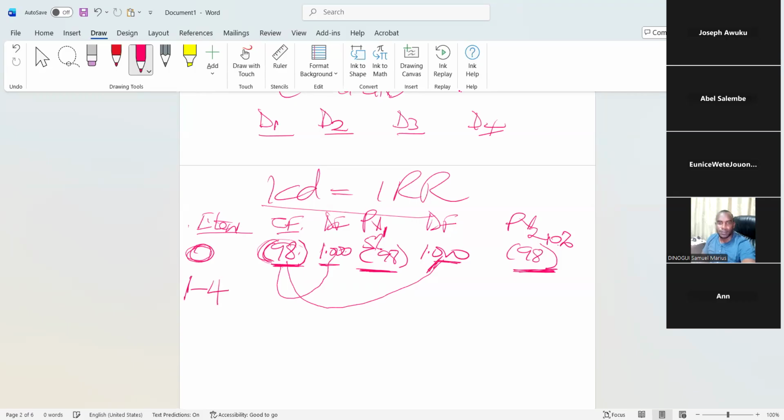That 1 to 4 is telling us that this is the side where we are going to pay the interest. So year 1, you pay interest, year 2 interest, year 3 interest, year 4 interest. Then on the 4th year, you also pay the principal. So you see how I brought the 1 to 4, because this side is interest payment. The 4 here is when we are paying the principal on the 4th year.